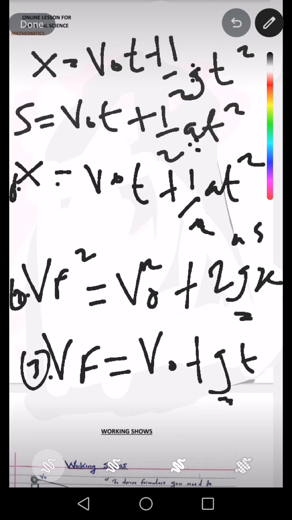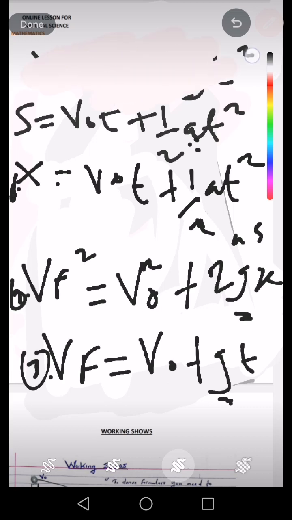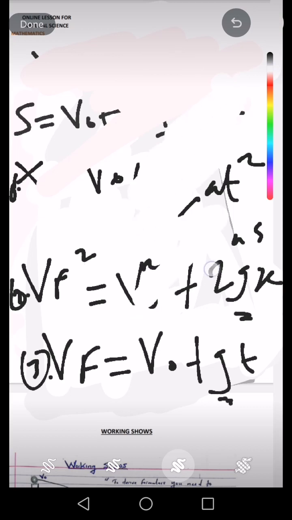Yes, so now we are dealing with what? Motion in the first case of projectile motion. Let me write the first case of projectile motion.